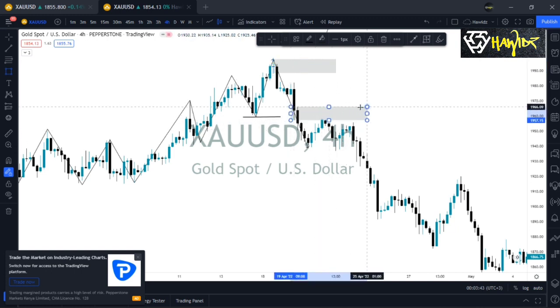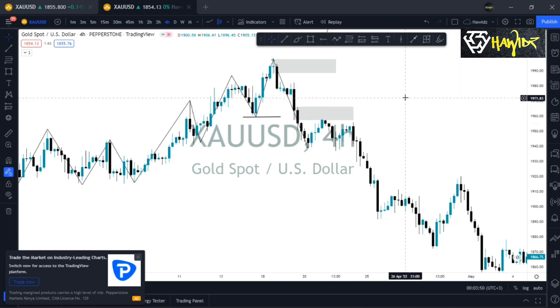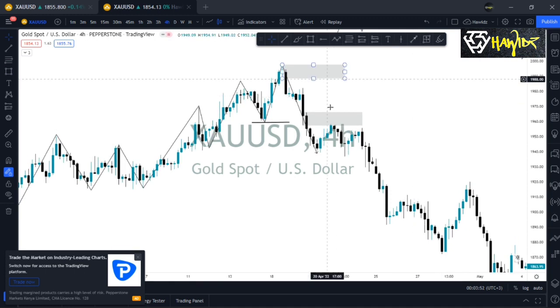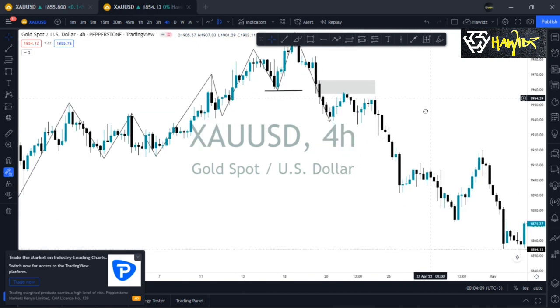A continuation zone right here. Boom. So, as I said before, due to very strong bearish momentum, price was unable to make a very deep pullback towards the original zone or even the intermediary zone, this one, right? Price didn't come here or here. It just tested the continuation pattern and boom.